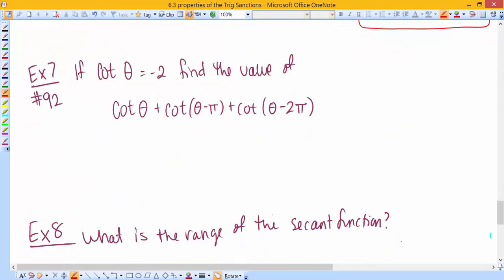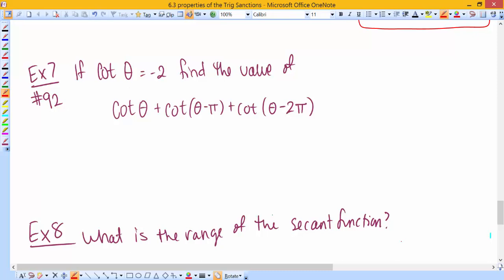All right, moving on. We're going to be looking at some problems that are going to involve the properties of, sorry, I have a hard time saying this word, periodicity, whatever it is, of the unit circle, and that a period is every 360 degrees.